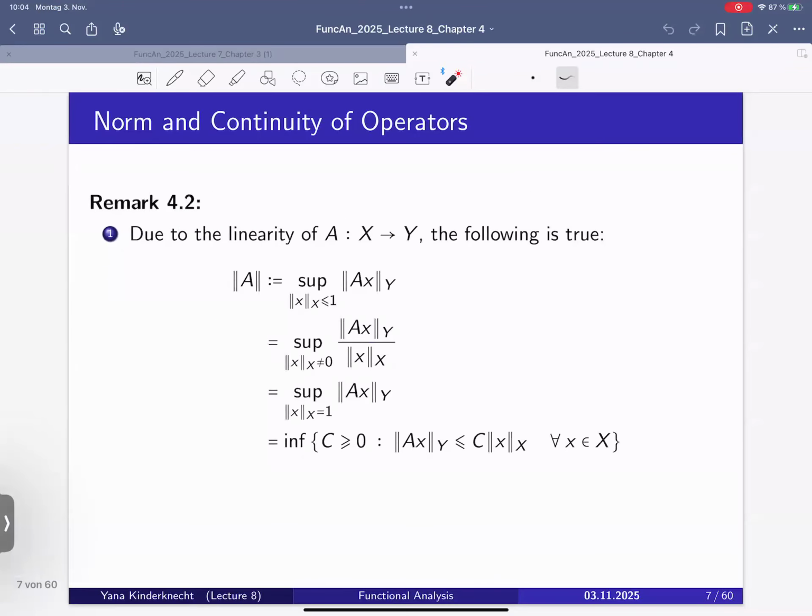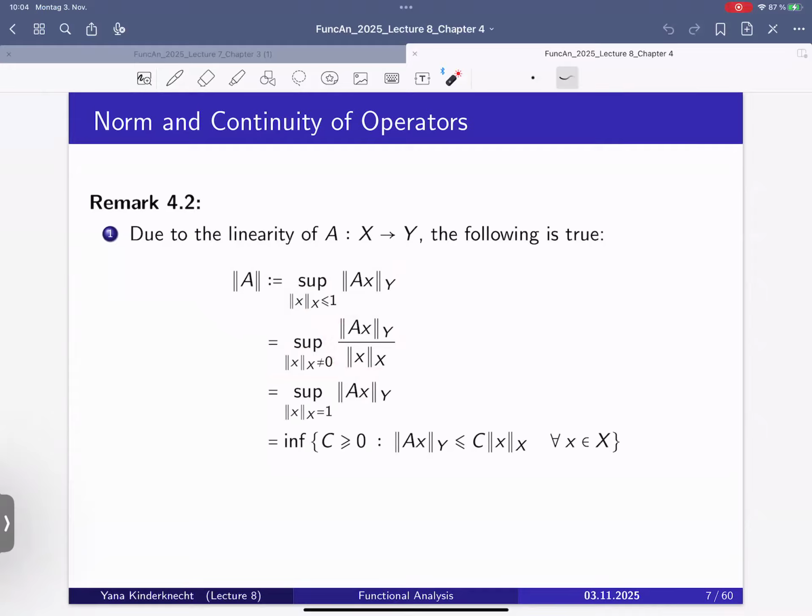Okay, so now different formulations of the norm, different formulas for calculating the norm. So this is the official definition: the norm of A is equal to the supremum over the closed unit ball of such things. But it is the same as the supremum over all elements of X which are not 0 of such fractions.